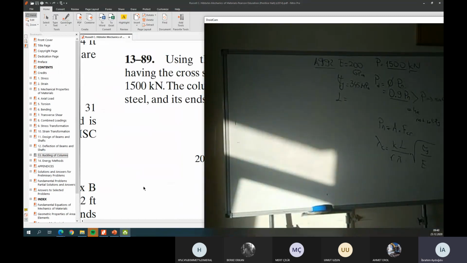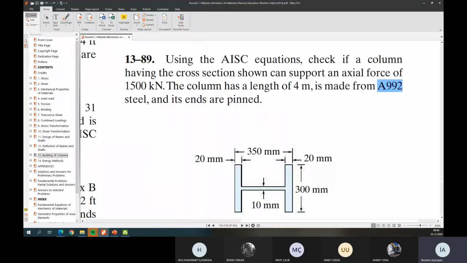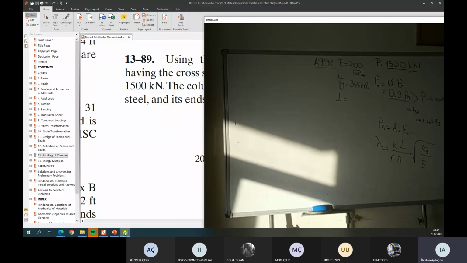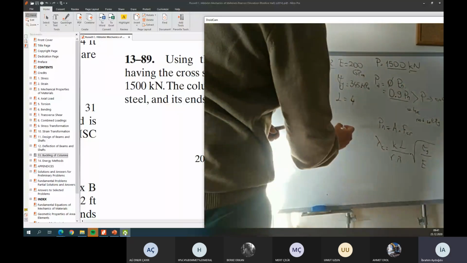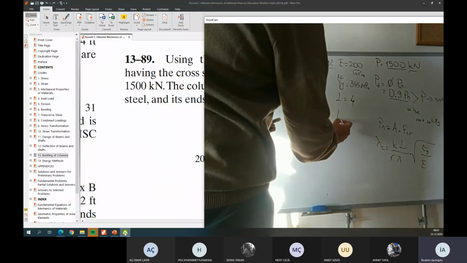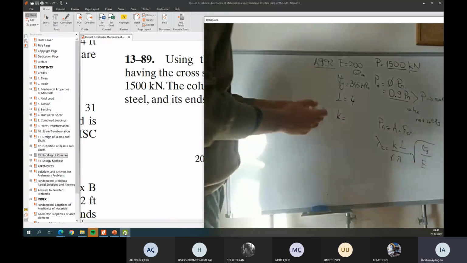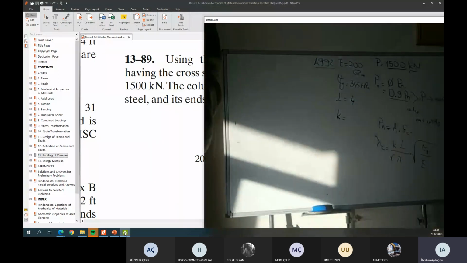Also I need the unbraced length. I need to look at the question. They write the column length is 4 meters, and there is no information about bracing. Therefore, the unbraced length is equal to 4 meters. So I can write L is equal to 4. Also, K is the effective length factor.